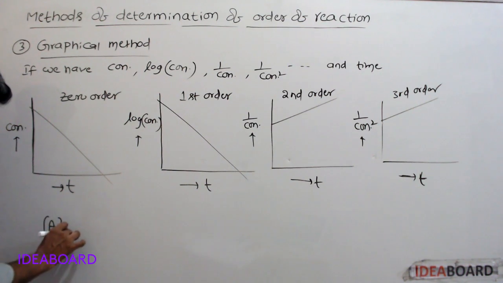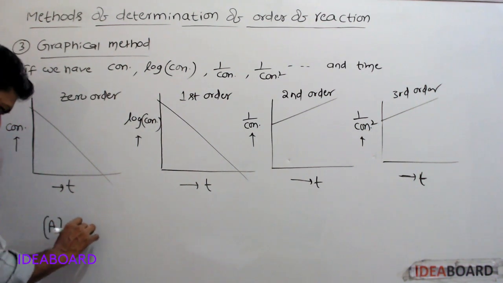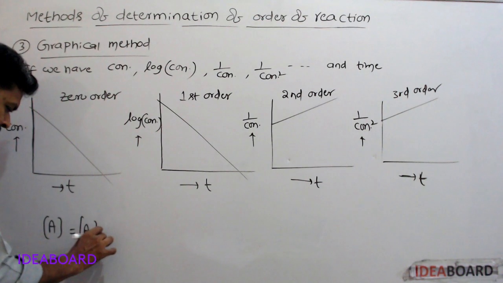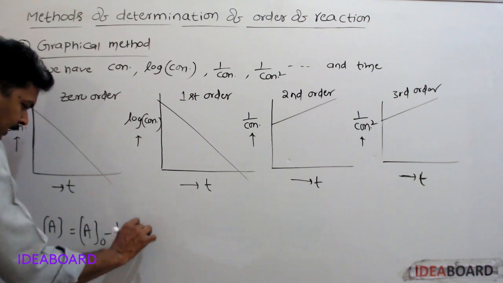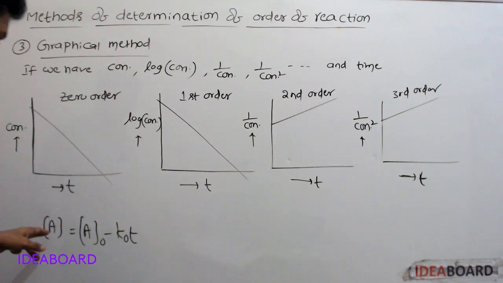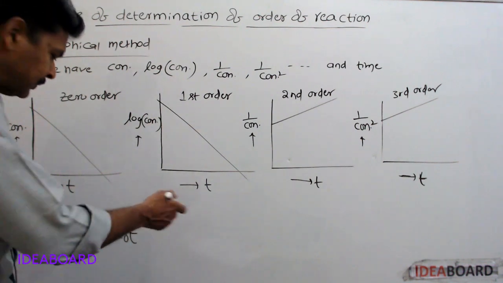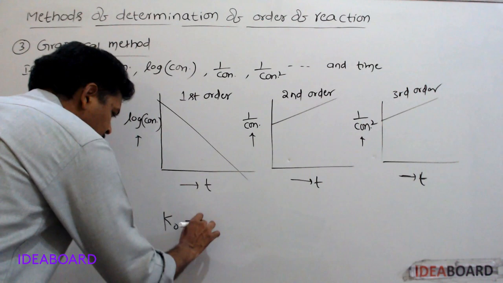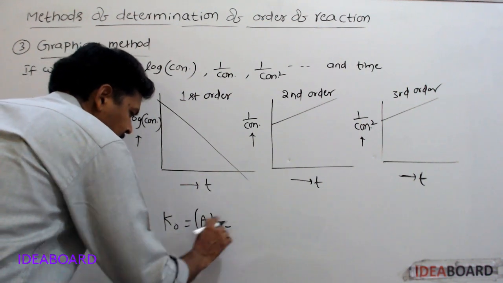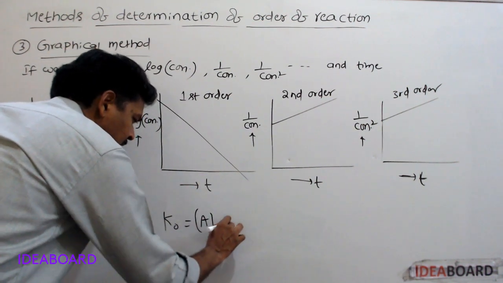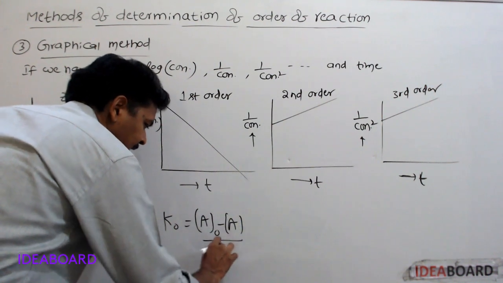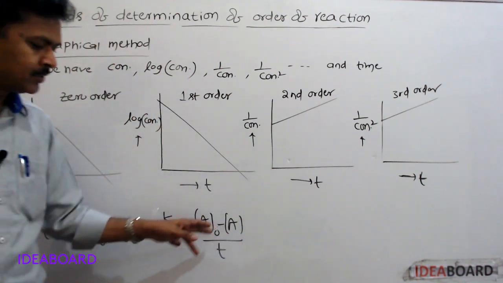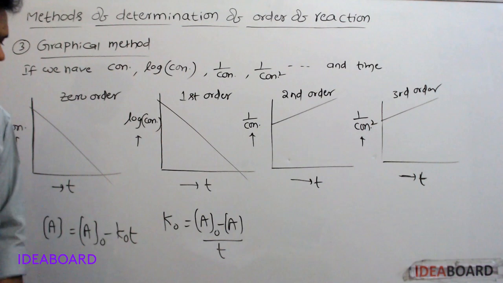In zero order kinetics, we have this formula: A is equal to A naught minus K naught T. From this equation, we can write K naught is equal to (A naught minus A) by T. This is the zero order reaction rate constant.